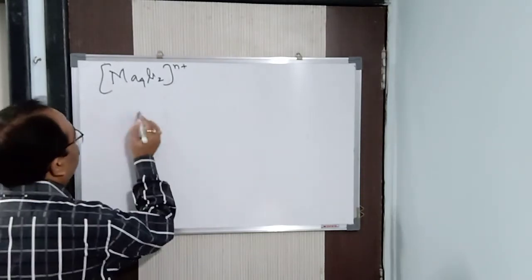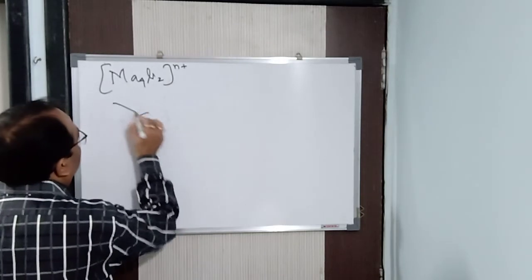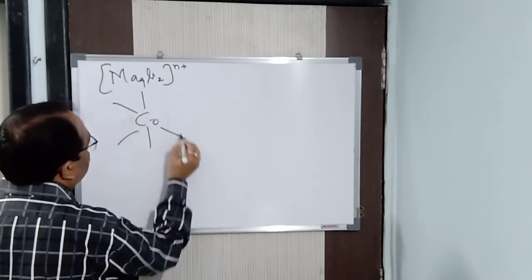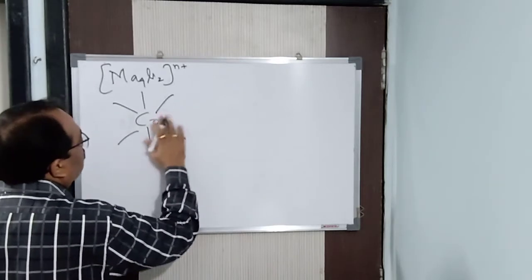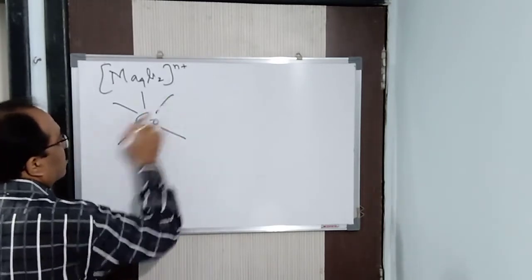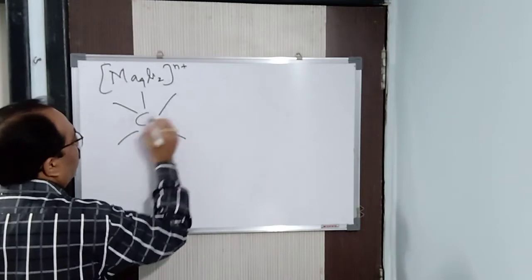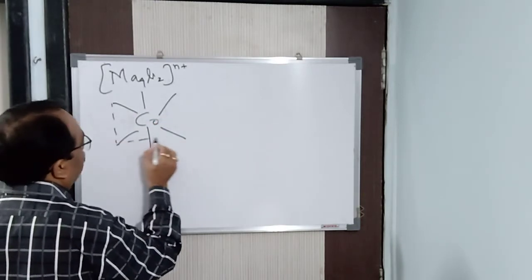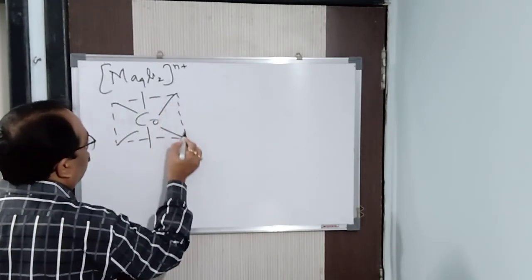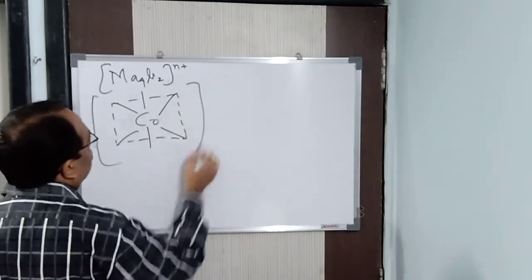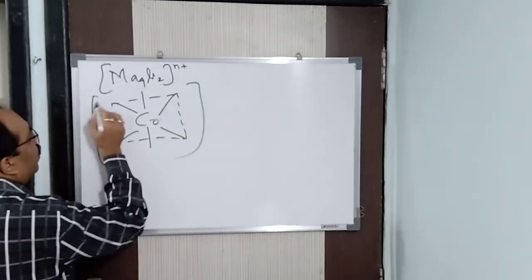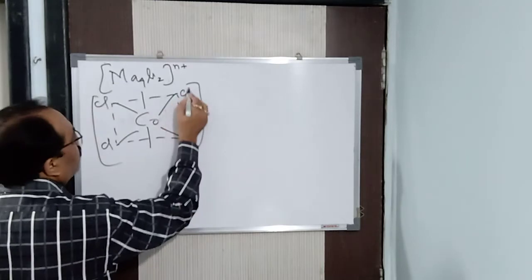So here I will be taking cobalt, and first let me draw for the 6 coordination one. You need to draw the shape first. That is very important, because it should look like a 6 coordination sphere. Like here I have taken Cl, Cl, Cl, Cl.